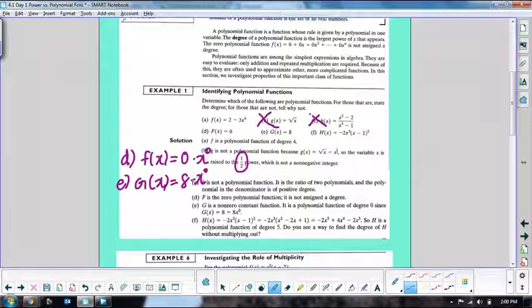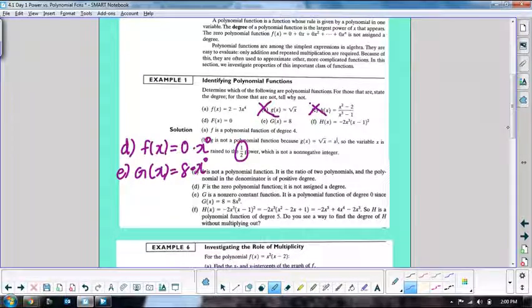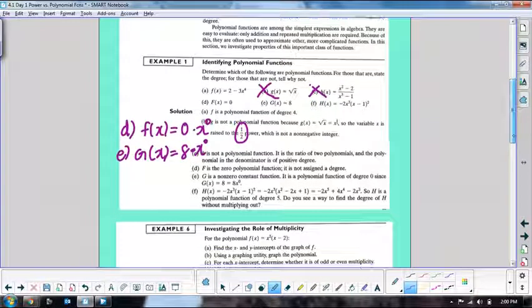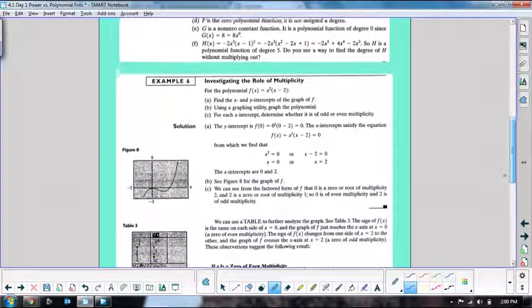Sorry, that's a times. Since x to the 0 is 1, it is something that can be written in that format from above. Part F, they ask, do you see if this is a polynomial or not? You don't have any fractional or negative exponents. X can't be in the denominator, so that one actually is a polynomial.